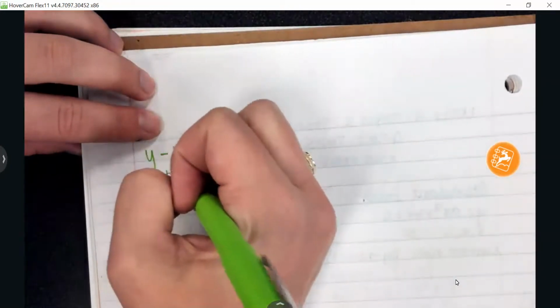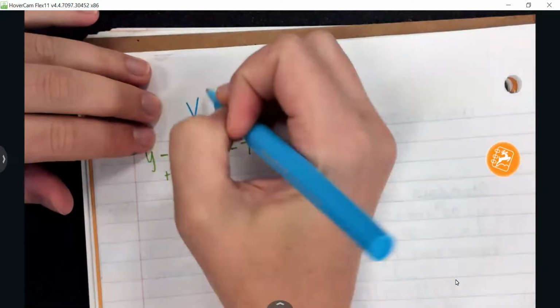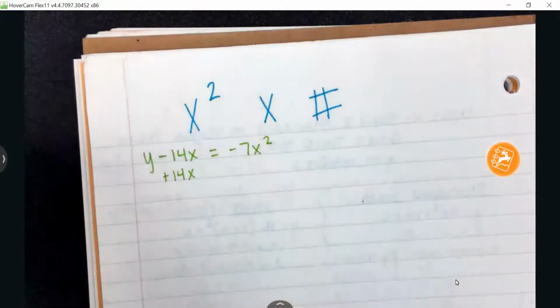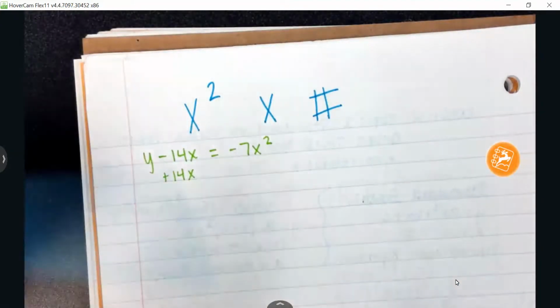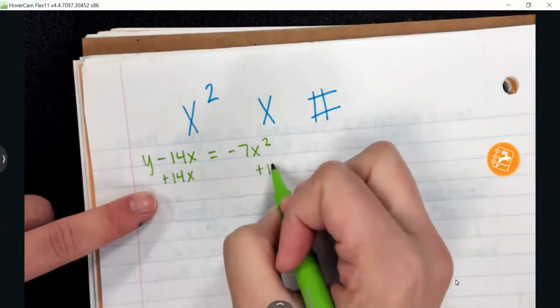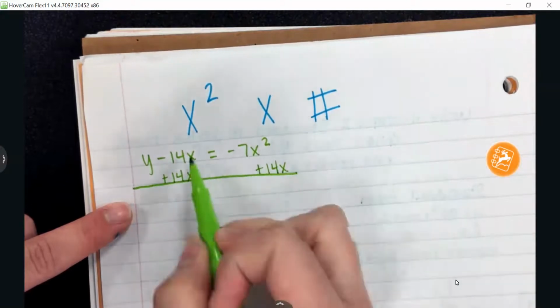Listen, it has to be in order. Where does a 14x go? First, second, or last? Has to go second. If you don't know that, you better write this big at the top of your paper: X squared, x number. Has to be in that order. So when I add 14x, I'm going to add it behind my x squared.